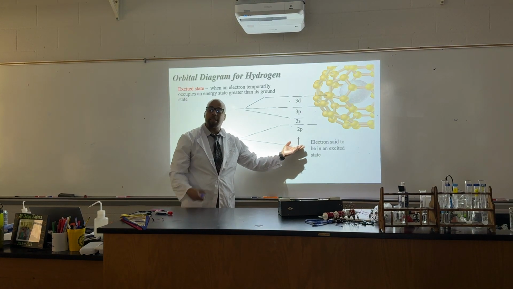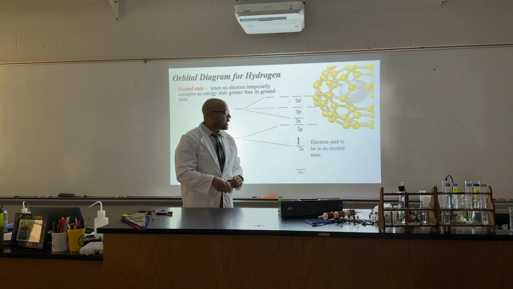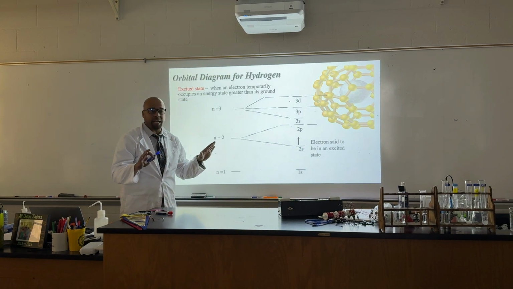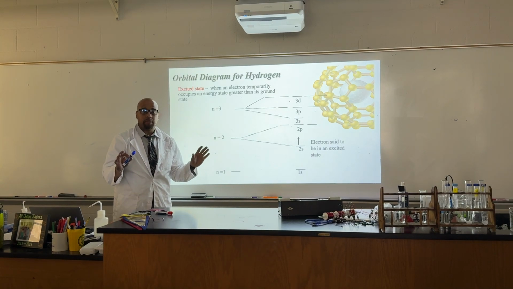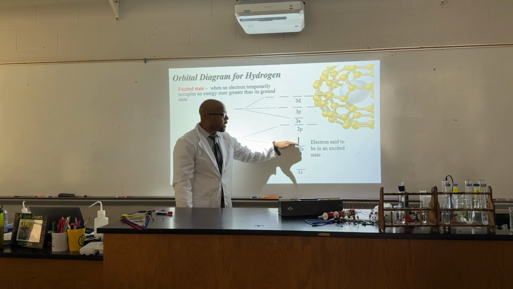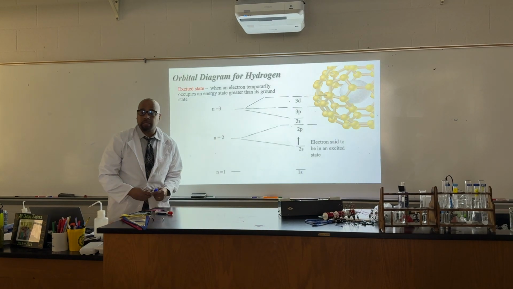Instead, we say in chemistry that the electron is in the excited state. But if you think about the electron in the excited state, it's like, whoa, wait a second. I'm violating the Aufbau principle. I can't exist up here. So it's going to very quickly transition itself right back down to the ground state in this case.